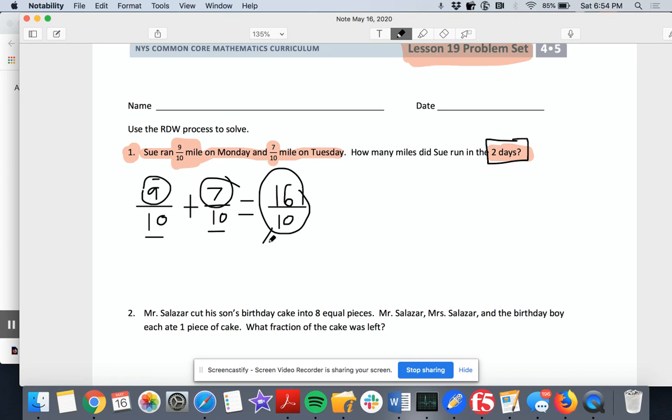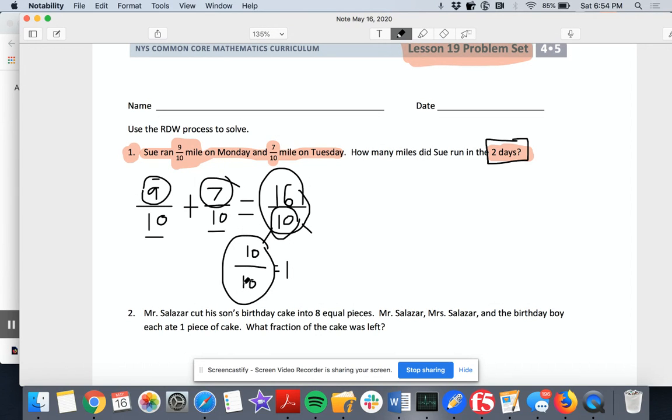So let's convert this, 16 over 10. How can I convert this into a mixed number? What did we do? Well, we just looked at our denominator and we know that if our numerator is the same as our denominator, then that is just equal to 1.